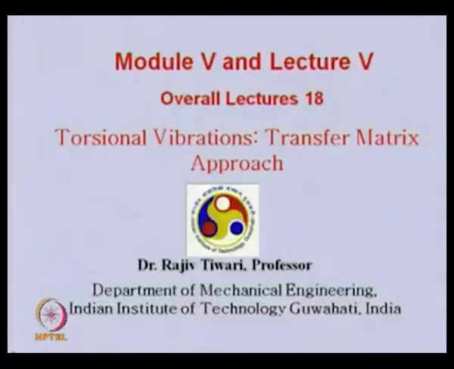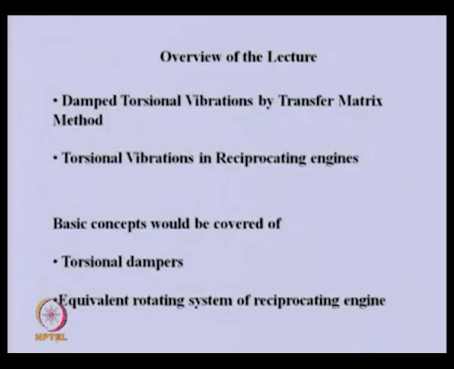So, let us see the objective of the present lecture. We will be analyzing damped torsional vibration. We will be extending the transfer matrix method for this, and another topic is torsional vibration of the reciprocating engine.